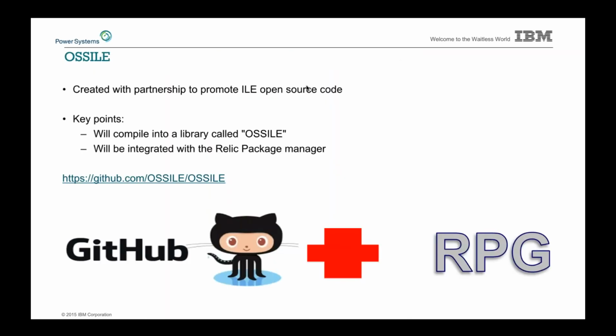A couple of the things that we've been doing in the open source space. We've got a new GitHub repository, a new initiative that we're kicking off here to create an ILE open source repository, a place where our RPG and ILE programmers can go do open source things.